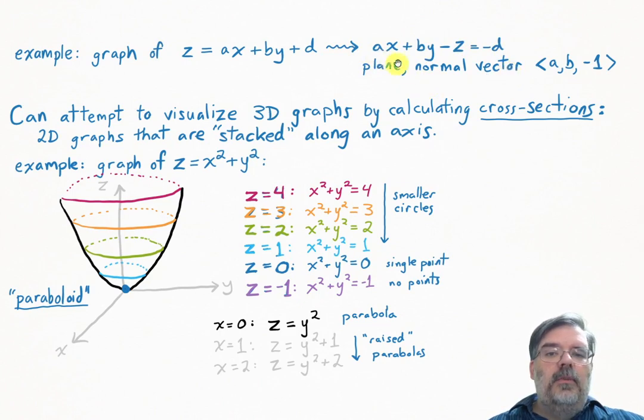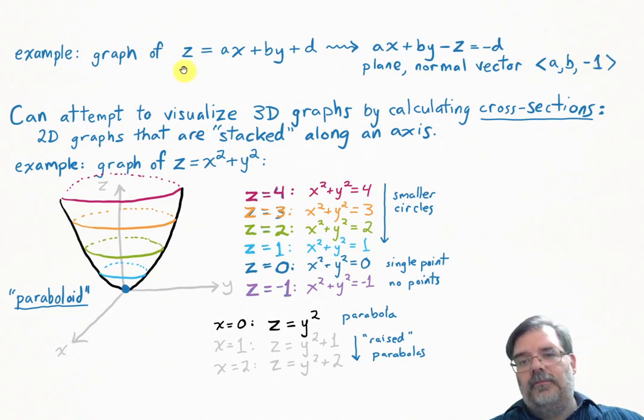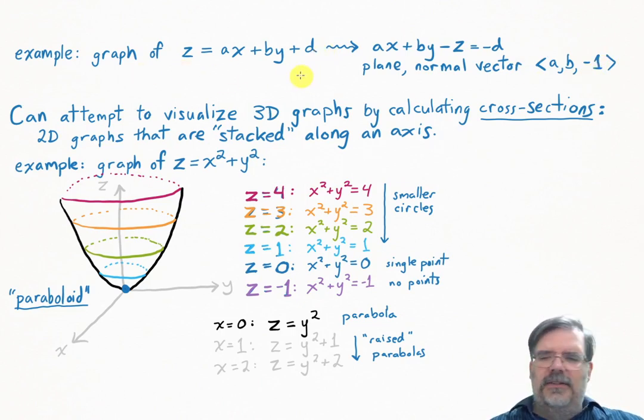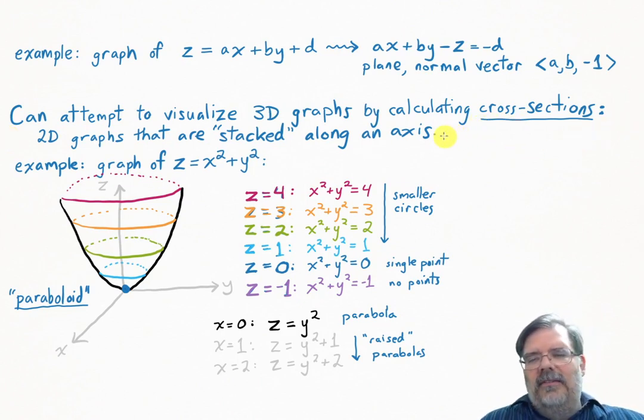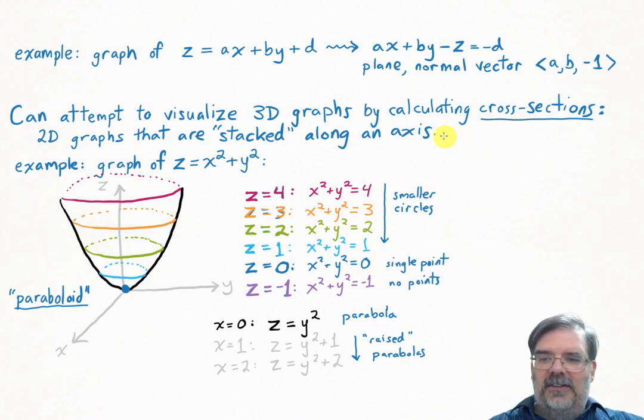In this case, the normal vector to this plane, the vector which is perpendicular, as always, is given by the coefficients of x, y, and z, which are a, b, and -1. And so we can visualize this as a flat plane. We can try to visualize more complex three-dimensional graphs by calculating what are called cross-sections, which I think of as two-dimensional graphs that are stacked along an axis.